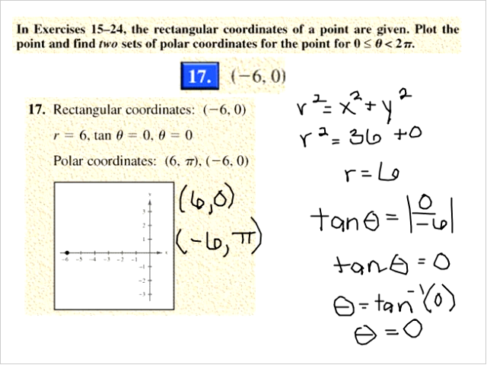I'm not sure if their answers are actually correct, because if I'm remembering from the online lesson, let me backtrack here. I'm doing this all from memory. To find the second point, there's a couple different things we can do. We can change r to negative r and add pi to theta. So I do believe that this is another point that we can come up with here.